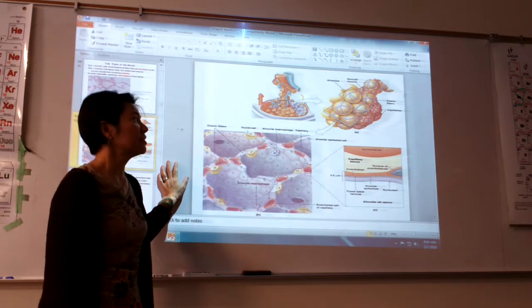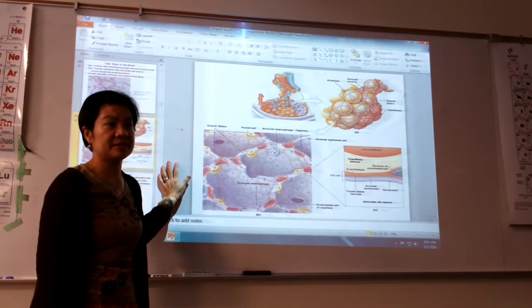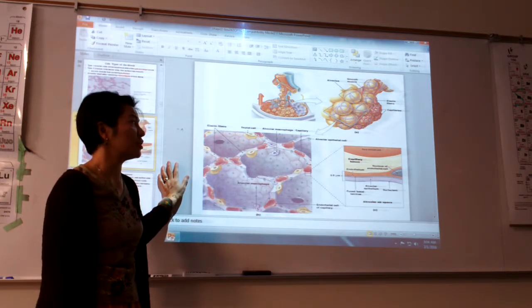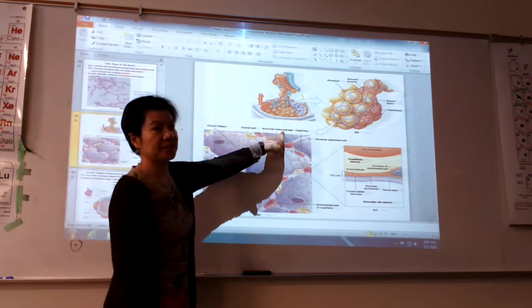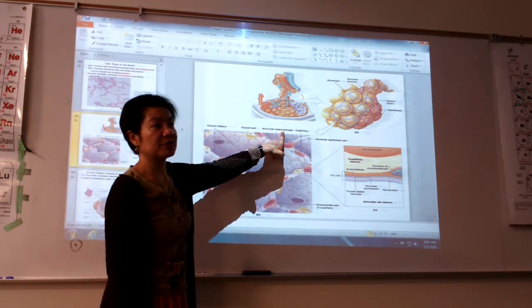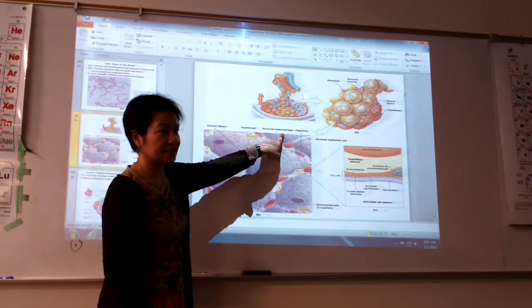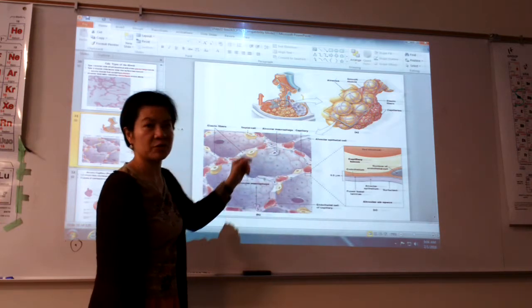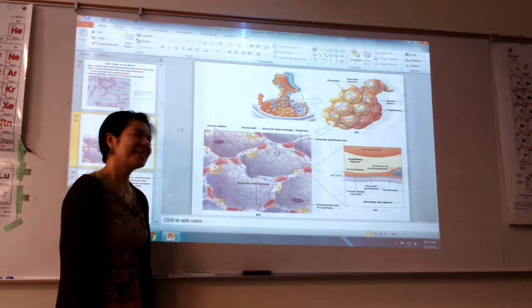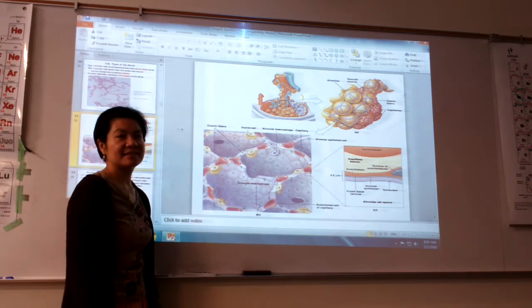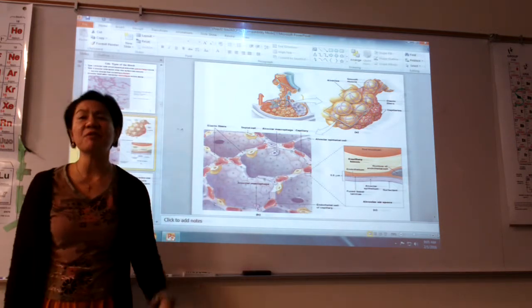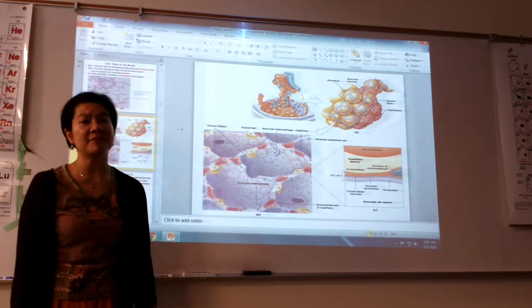There's another resident cell here in your alveolus called your macrophages. Your book refers to them as the dust cells, alveolar dust cells. They do some dusting work there. So in case there's bacteria, it's very easy for bacteria to settle just by gravity.